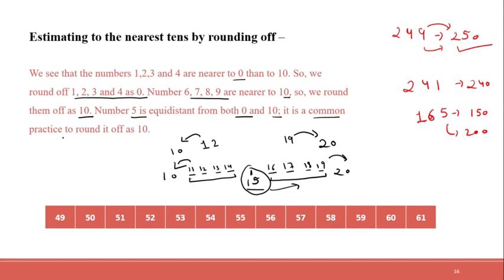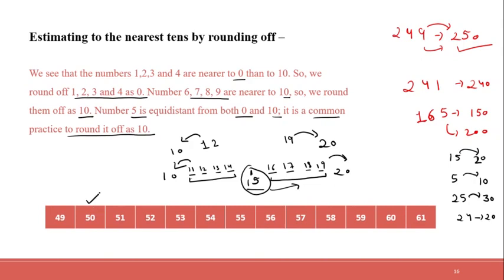It is a common practice to round it off to 10. That means although it is in between, we will round it off to the next nearest tens number. That means 5 will round off to 10, 15 will round off to 20. Similarly, 25 will round off to 30, but 24 will round off to 20.